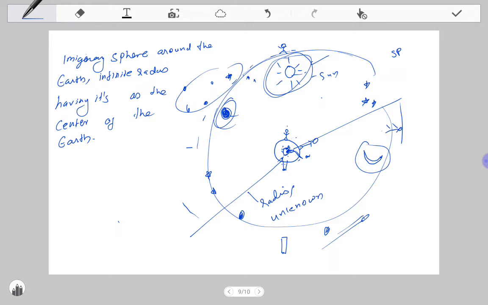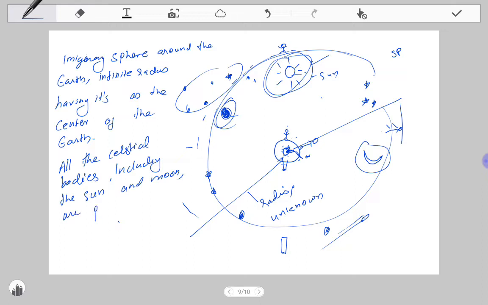So all the celestial bodies, including the sun and moon, are projected to lie on this sphere.